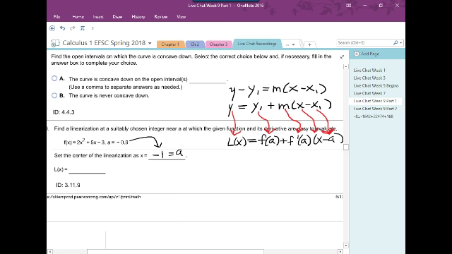Okay, so in order to actually do this problem, you need to write down the formula, and then we're going to need f of a, and we're going to need f prime of a. So let's go ahead and find f of a first. So that's f of -1, which is 2 minus 5 minus 3, which is going to be -6.